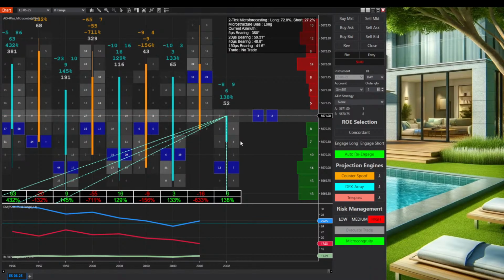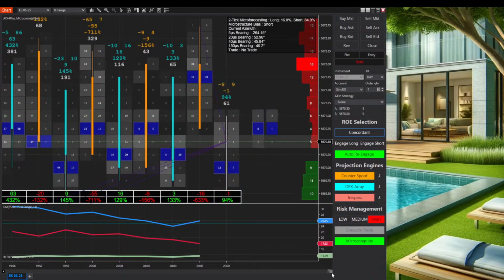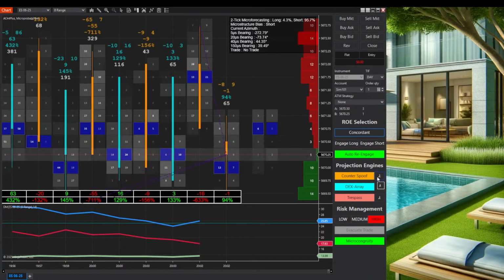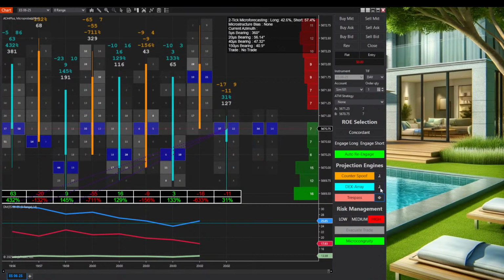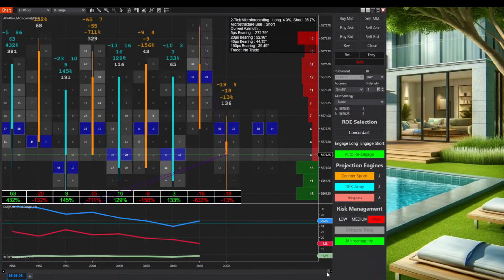There we go. So of course all you gotta do is just turn on the robot. Over here, if you go to the bottom corner, you can see we have either trend mode or regression. So let's put it in trend mode because this is the default.